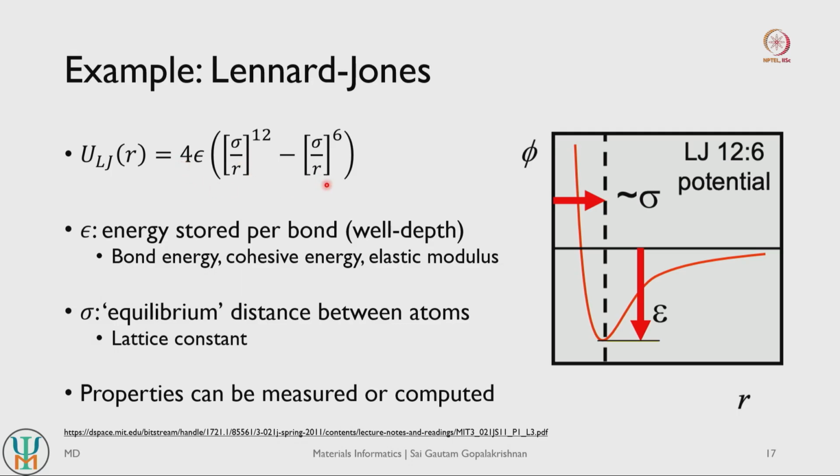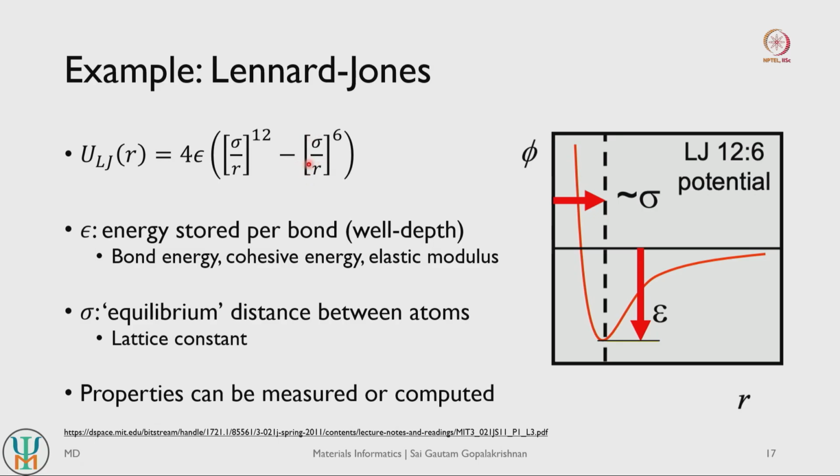parameters. One final thing with respect to Lennard-Jones: the sigma by r power 12 term basically indicates your repulsive term, and the sigma by r power 6 term basically indicates your attractive term, right, and that is why there is a negative sign here. So if the atoms are too close to one another, this term dominates, and your potential energy blows up towards positive infinity, right.